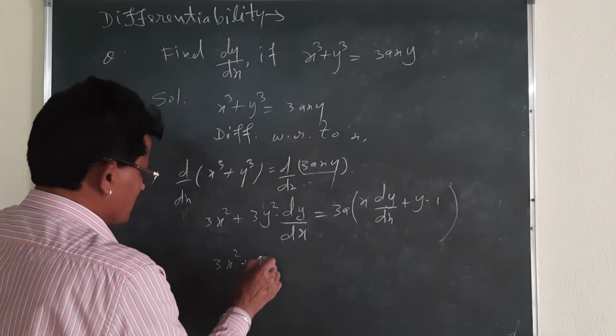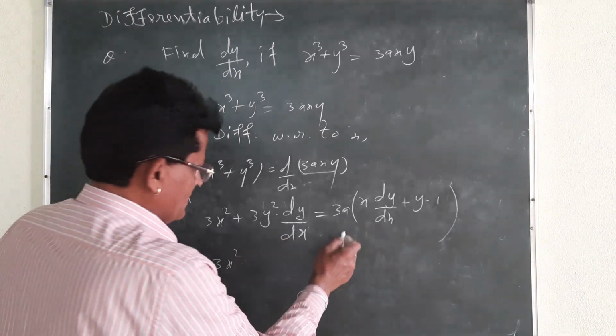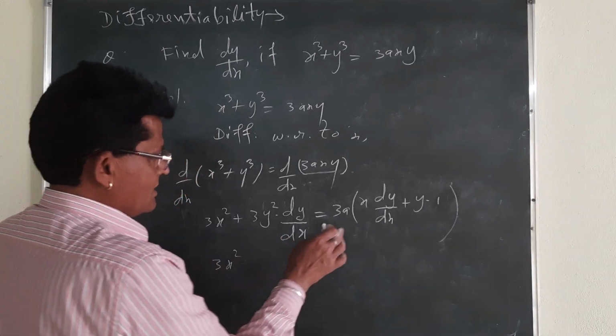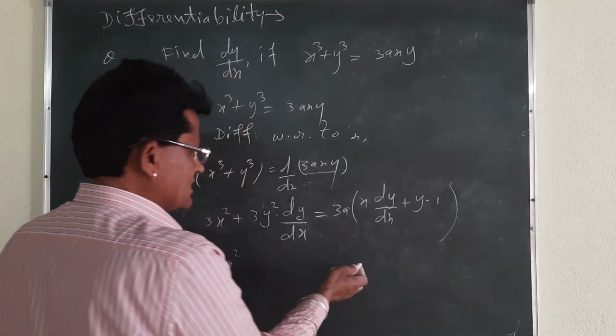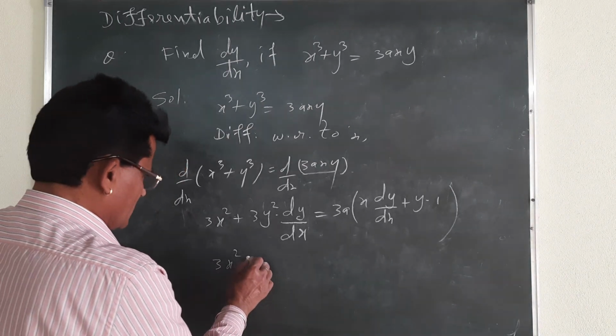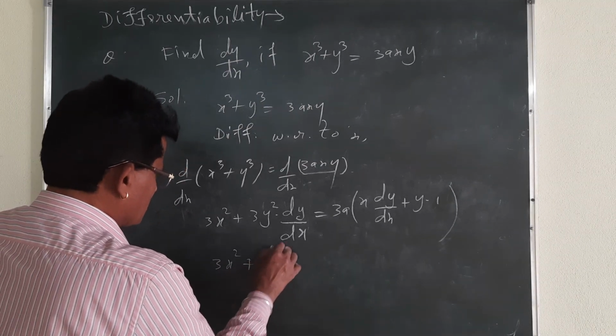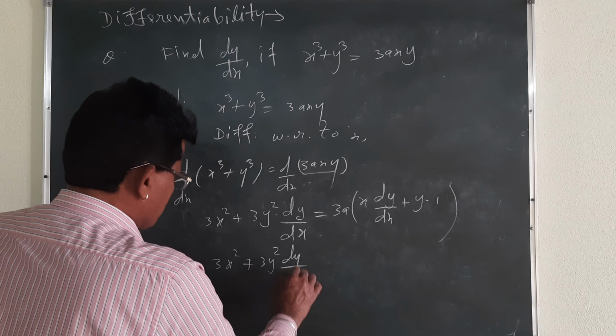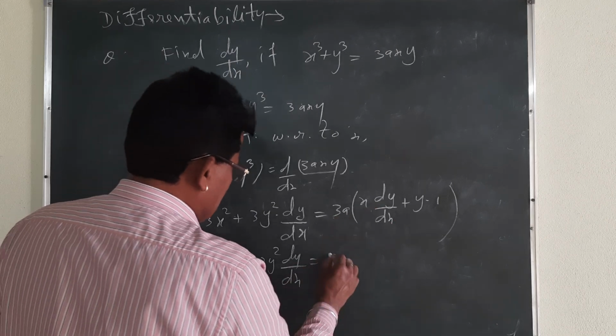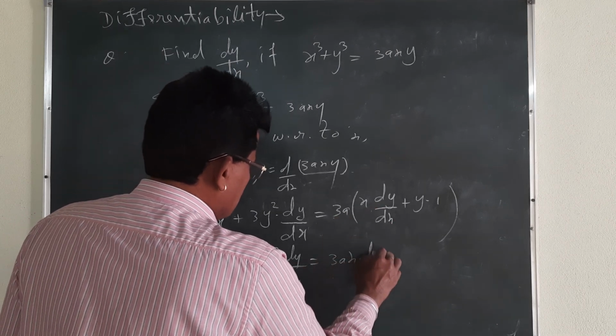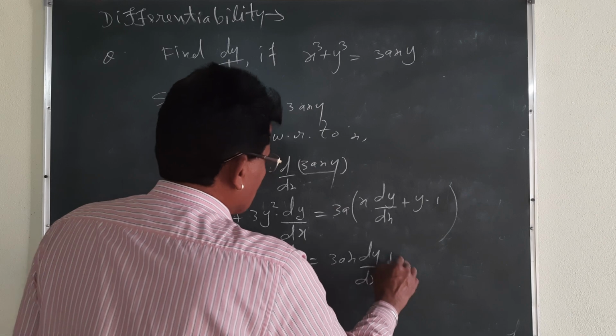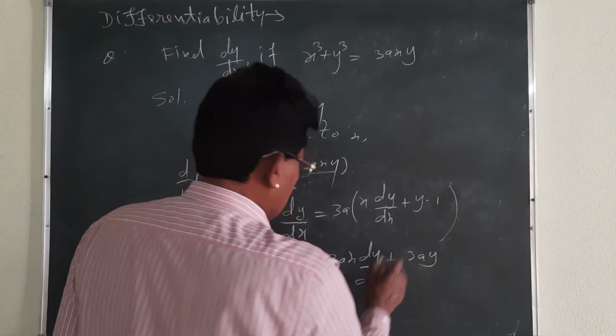3x square plus, you see, I am taking the function having dy upon dx in one side. Let me take 3y square dy upon dx. It will be equal to 3ax dy upon dx plus 3ay.